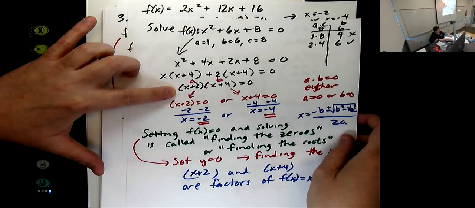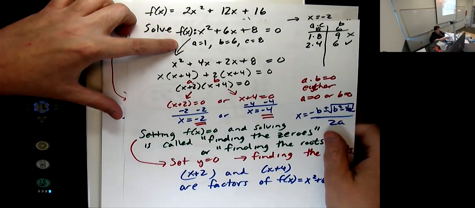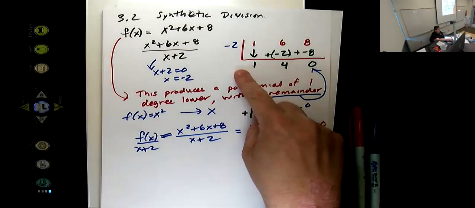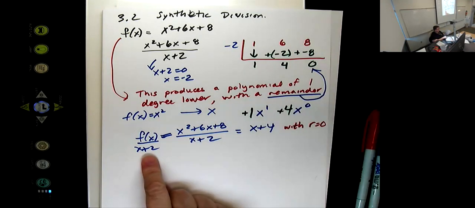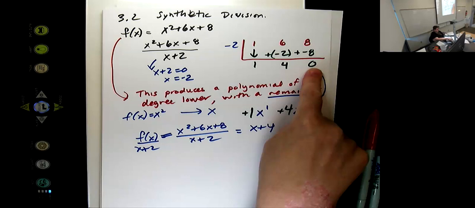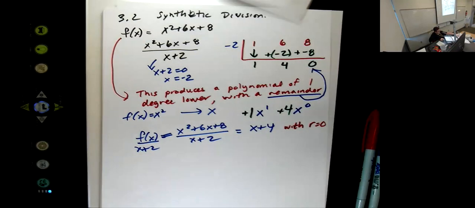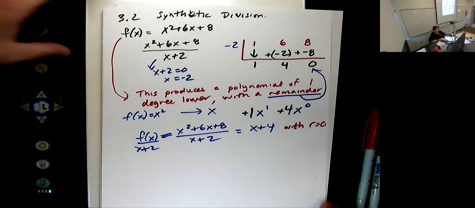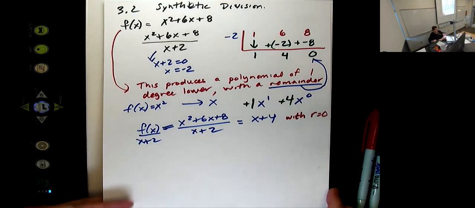But if you can't do this factoring, and you do synthetic division and you end up with 0, you find a factor. This shows that x plus 2 is a factor because the remainder is 0. And you'll see it in a second when we do it in the main class. So synthetic division is another way of finding these zeros. It's called the factor theorem.